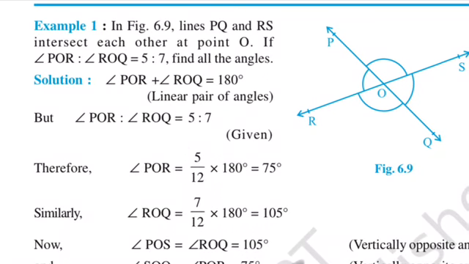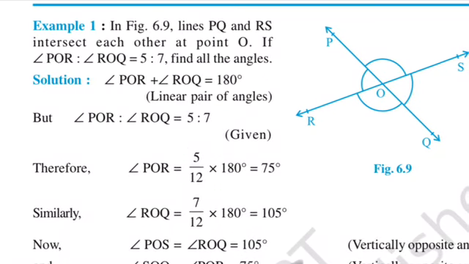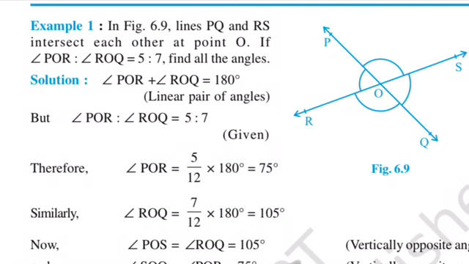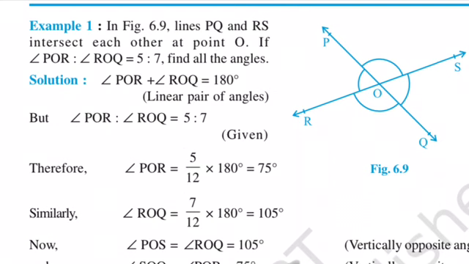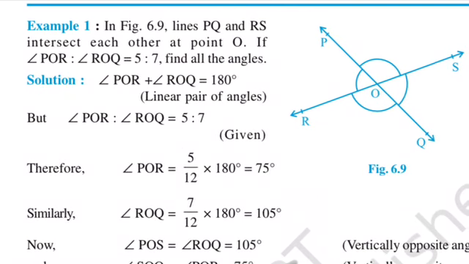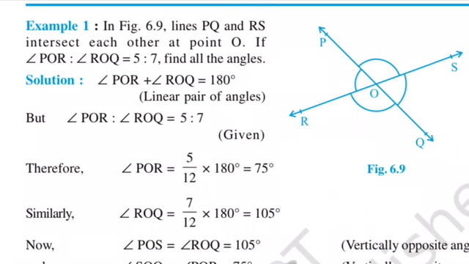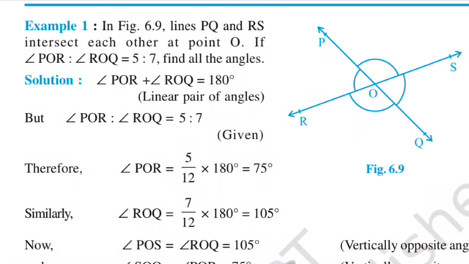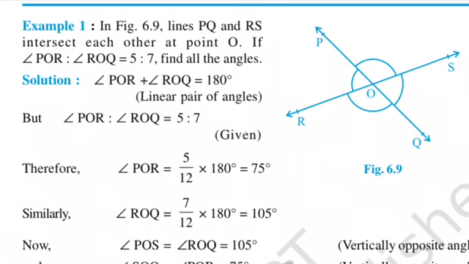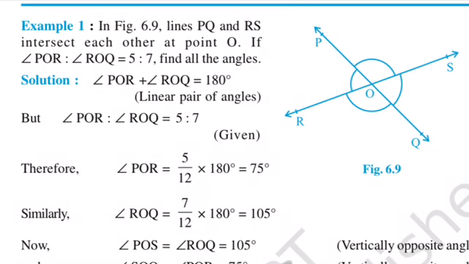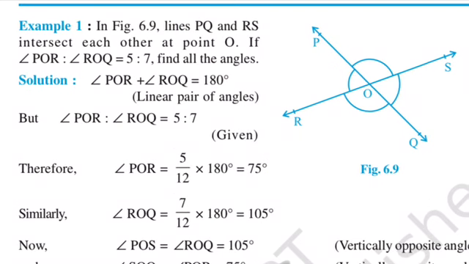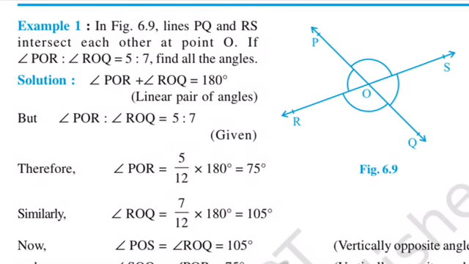Angle POR and angle QOS are vertically opposite, angle POS and angle ROQ are vertically opposite angles. That's why these two angles will be equal. Okay, first thing. And second thing, because the ratio is given of angle POR and angle ROQ.